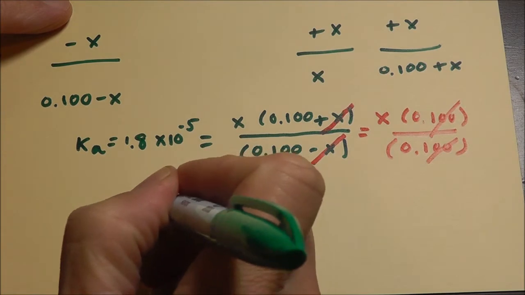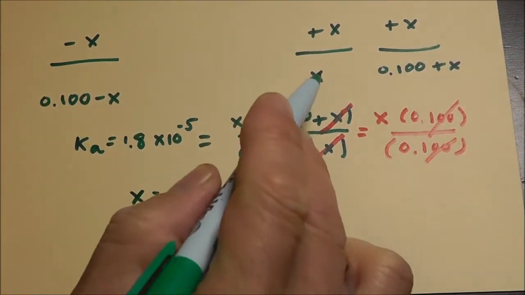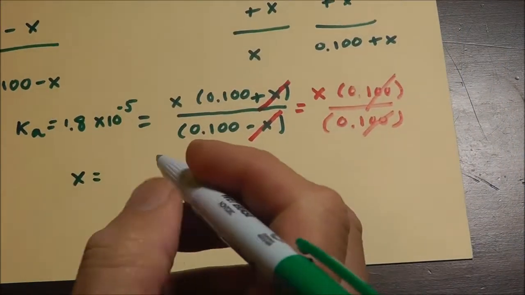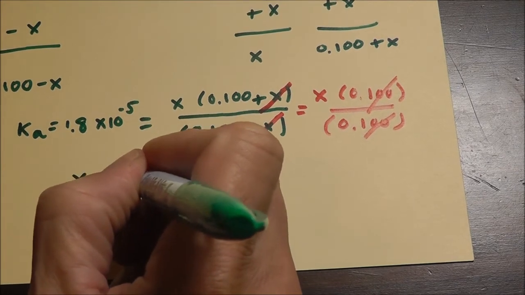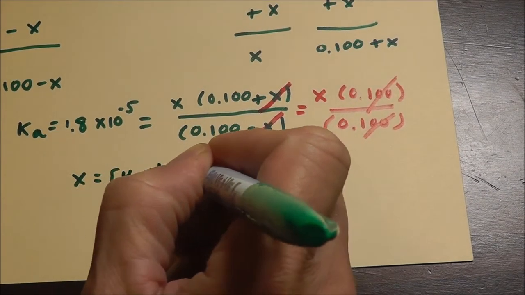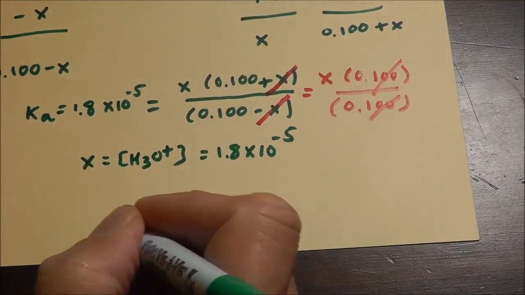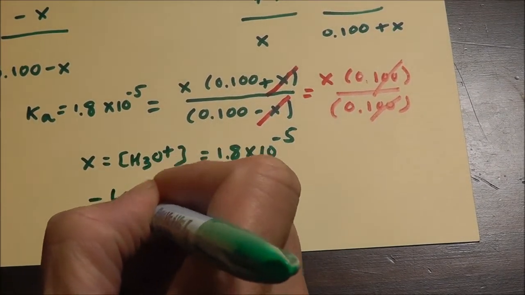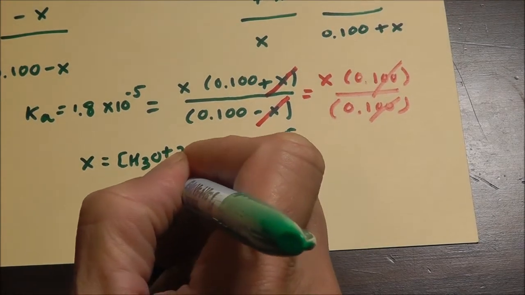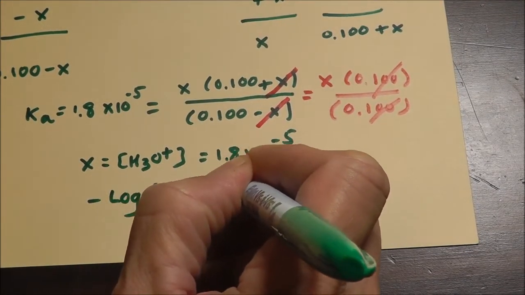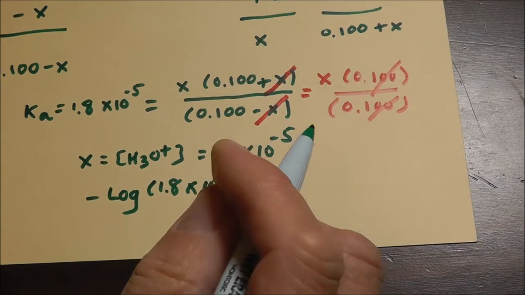So x is going to be the H3O plus, from the way I set up my ICE chart, and that is 1.8 times 10 to the minus 5. And so minus log of 1.8 times 10 to the minus 5 is going to be my pH.